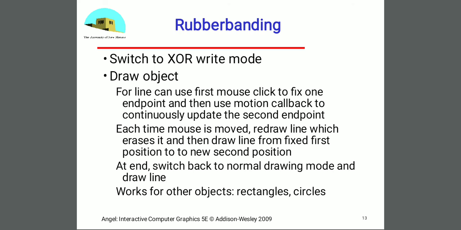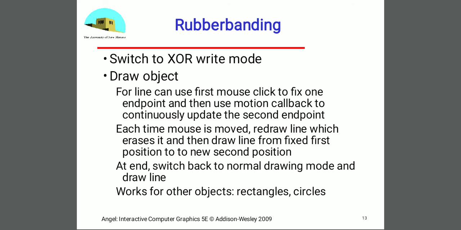So each time the mouse is moved, redraw the line, which erases it, and then draw the line from the fixed first position to the new second position. At the end, switch back to the normal drawing mode and draw the line. So this rubber banding technique will be applied with our selection mode. We have 3 modes. By selecting a mode, you may track all the possible clicks the user has made, or only the last click the user has made.